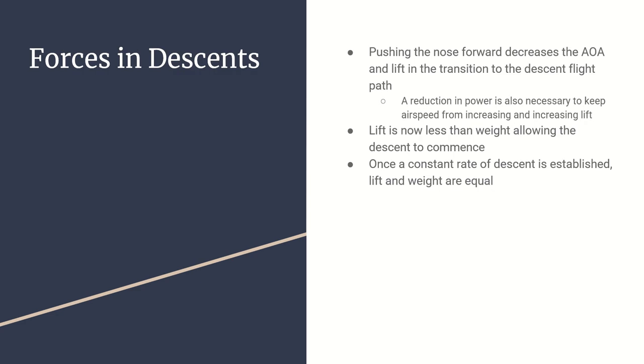All right. The last thing we have to talk about on a lighter note is just forces and descents, right? So let's say we want to descend and we just push the nose forward, we leave the power where it is, we're likely not going to have a steady descent. What might happen is we might descend a little bit, but because our airspeed is going to increase, because we've maintained that power setting and now it's helping, right?